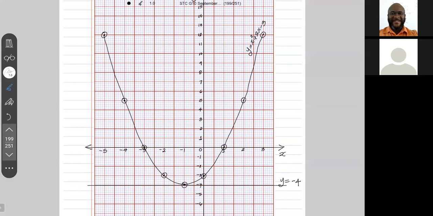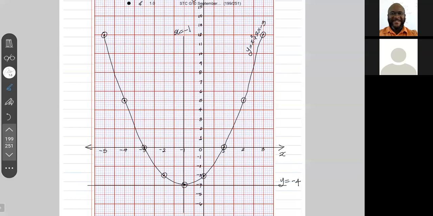The lowest point of the graph is at the point where y is -4. And x at the lowest point of the graph, that's the vertical line through the turning point. The vertical line through the turning point is x is equal to -1.